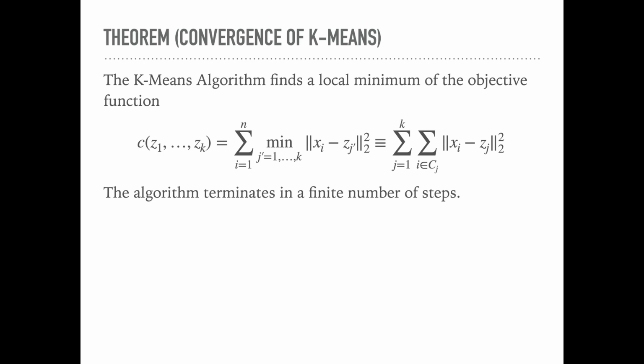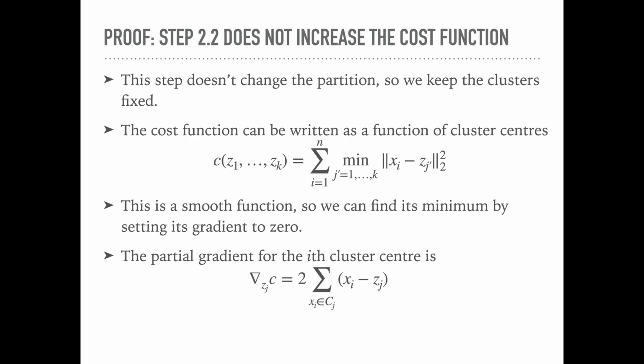Step 2.2 does not increase the cost function. First of all, it does not change the partition. Each point has already been associated with the label. The bookkeeping is done. So we can write this exactly as a function of these cluster centers, just like that. It is a smooth function. If you squint and remember the definition of the Euclidean squared distance, this thing is going to be quadratic in the z's.